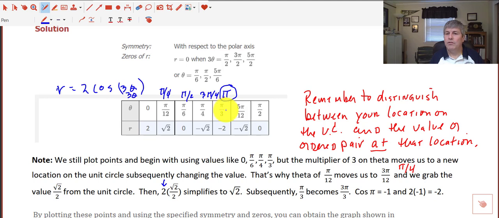Remember to distinguish between your location on the unit circle and the value, or the ordered pair, at that location. First, we grab a theta, we multiply it by 3, we move to that location, and then we grab the value of the cosine at that location.